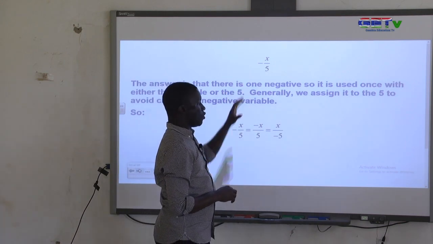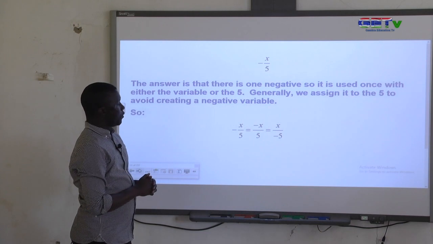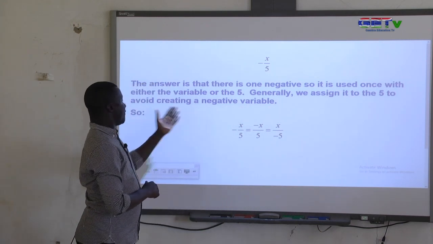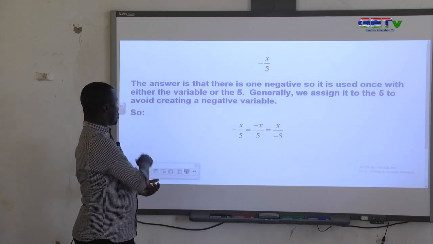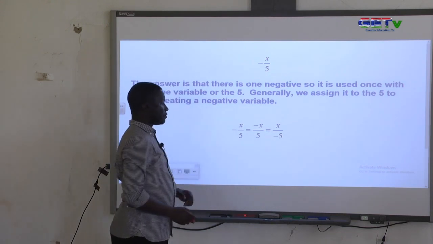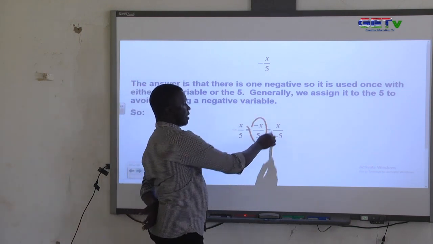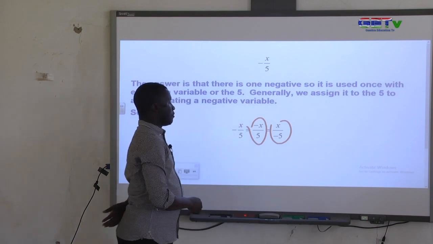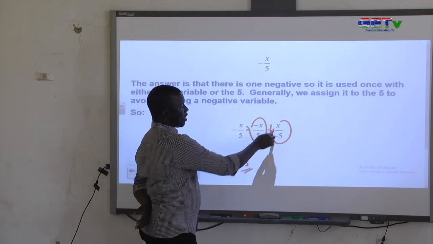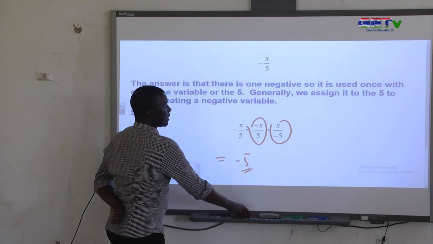The variable is an unknown here. To avoid creating a negative variable, we assign the negative to the known number, the 5. So this is shown here, negative x over 5. It can belong to the x or the 5, but generally, we give it to the 5 to avoid a negative variable. We do not make our work a little bit difficult.